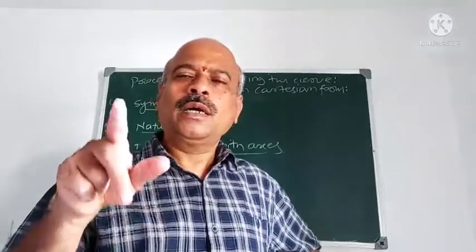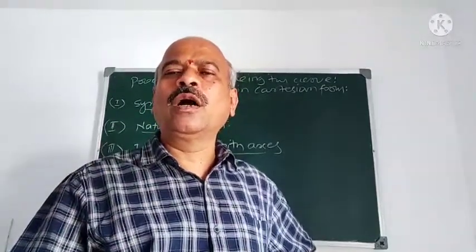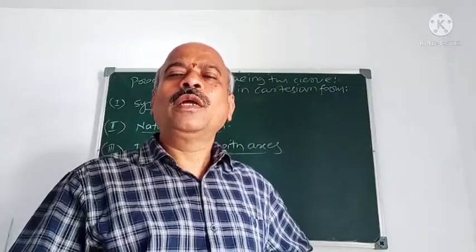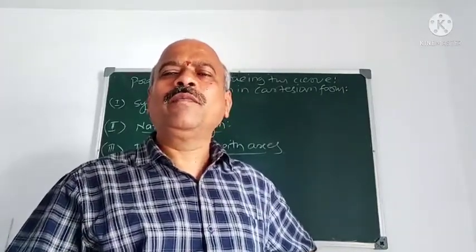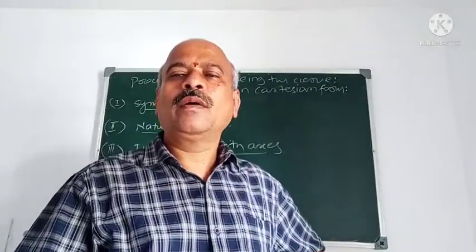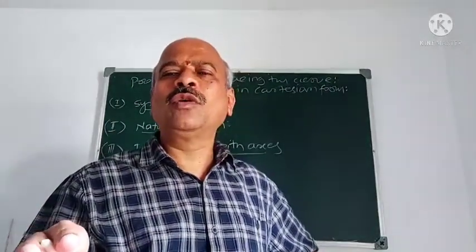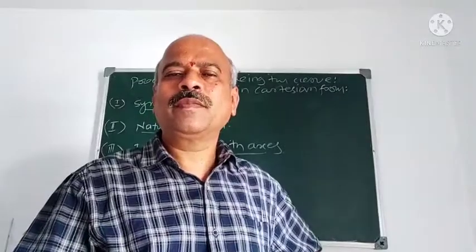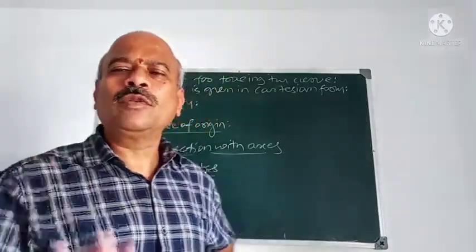Asymptote means the line which touches the curve at infinity. Therefore, if you know the asymptote for the curve, then you will get the boundary for the curve. Beyond that asymptote, the curve doesn't exist. So asymptote is important.